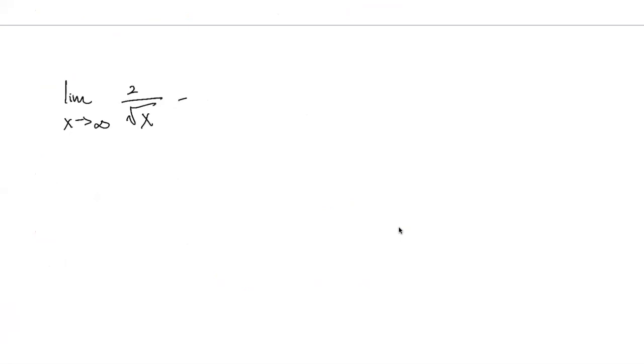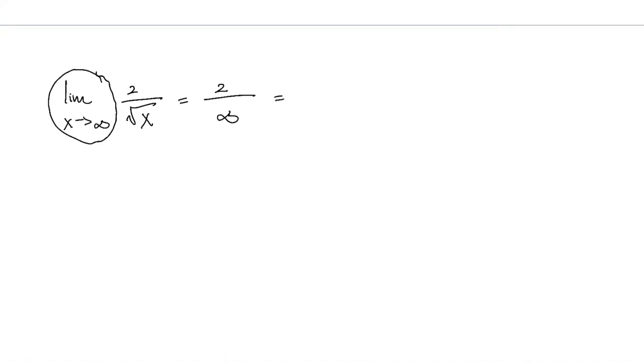And so we ended up with 2 over infinity. But what we're doing here is not necessarily finding the exact value, like what is 2 divided by infinity, because that is undefined. But what we're doing is finding the limit, meaning we want to see what happens, what y value comes out when x gets really, really close to infinity.